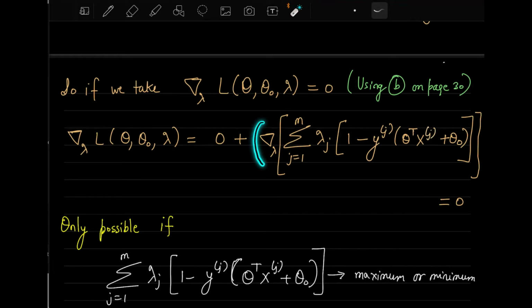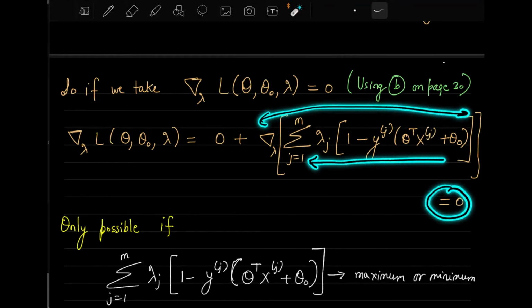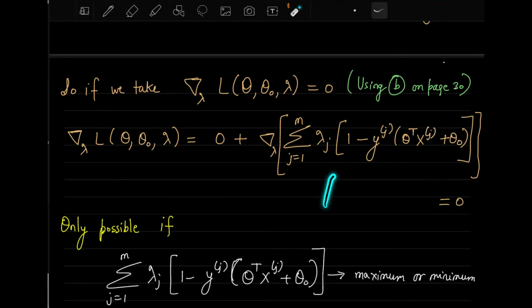And then we are taking the derivative of the Lagrangian with respect to lambda. The important thing is, you want to take the derivative with respect to lambda of this expression and you want to keep it equal to 0. The only way this particular function will have derivative equal to 0 is if it is at either a maximum or a minimum, right? So we want to understand what kind of function this is.